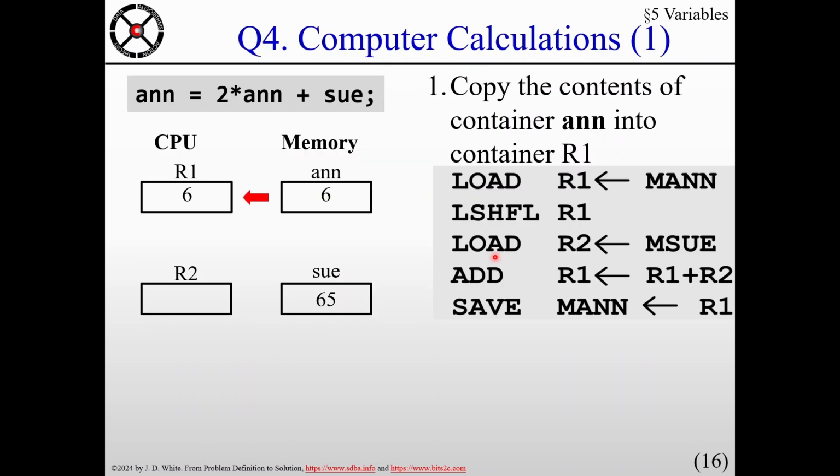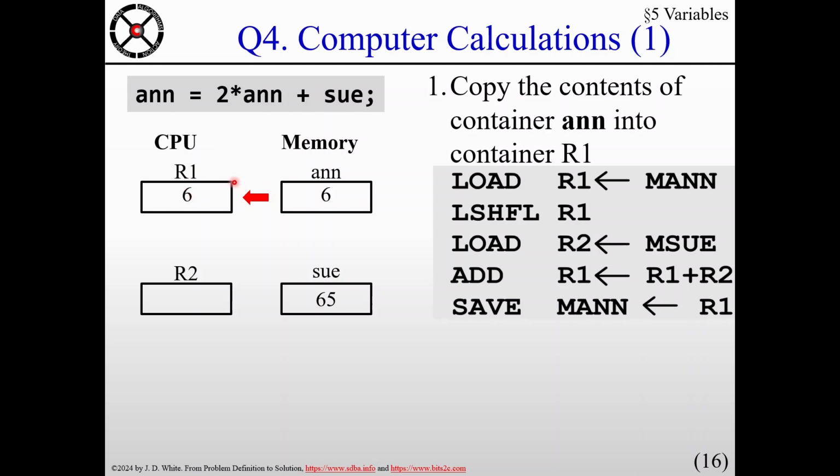Okay. All right. How do we do a computation? Basically, 2 times n plus su, this line. This is the assembler code that actually does that job. It takes the value that's in the memory location n and puts it into the CPU R1.